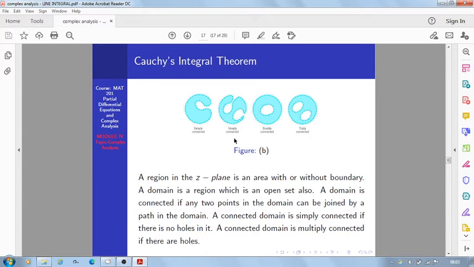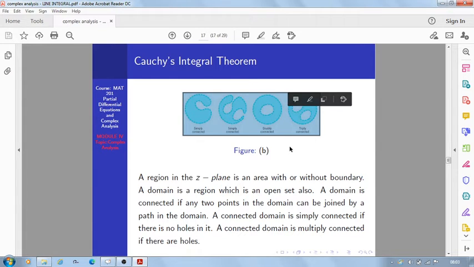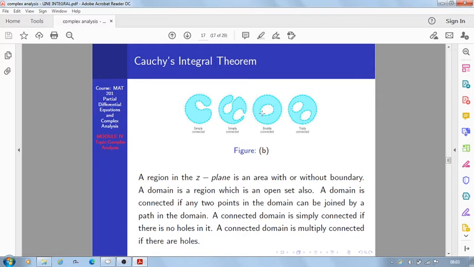And a region in which there are holes is called a multiply connected region. If you look at this region, this is a connected region, but there is a hole inside this region. Or in other words, the boundary of this region consists of two different curves. One boundary is here, this curve. Another boundary is here. So we say that it is doubly connected.